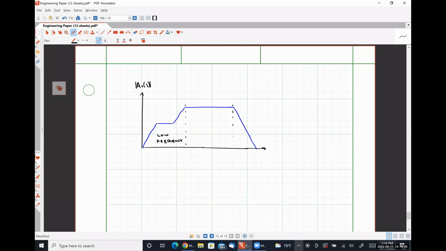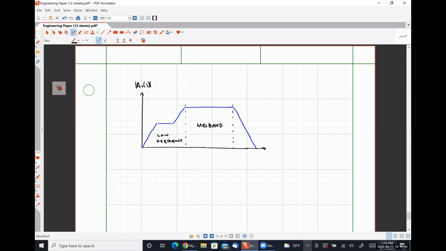So in 335, what we were doing was actually calculating quantities in the midband, where the capacitors that we applied to the circuit to AC couple our input signal to the DC operating point were large enough so that they looked like short circuits, and the capacitors in our high frequency model were small enough so that they looked like open circuits, okay?